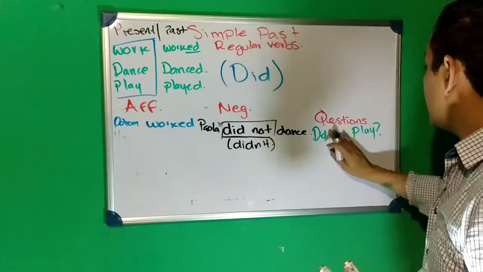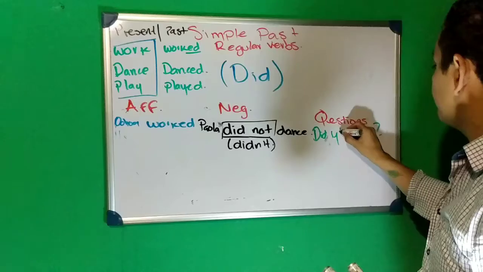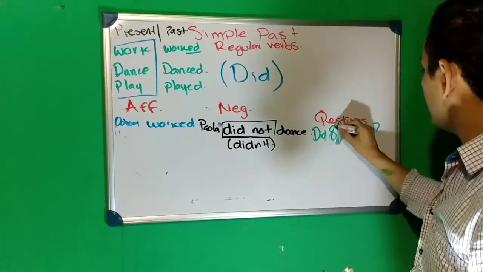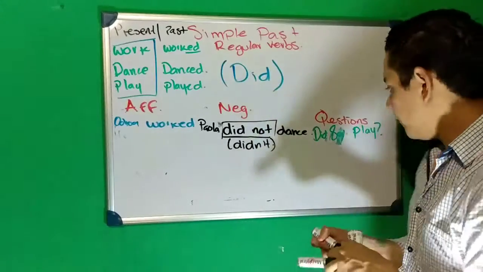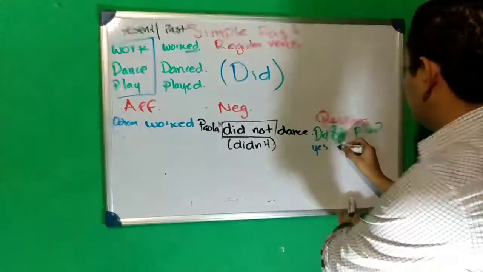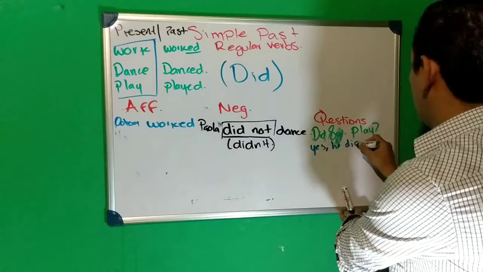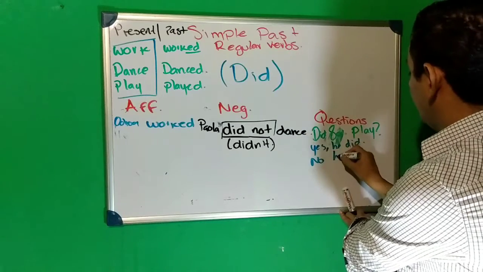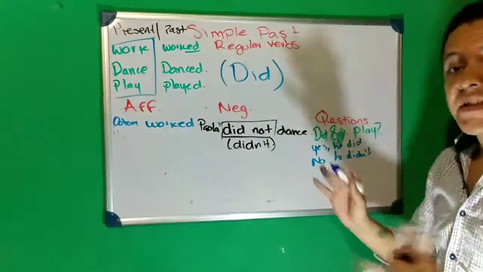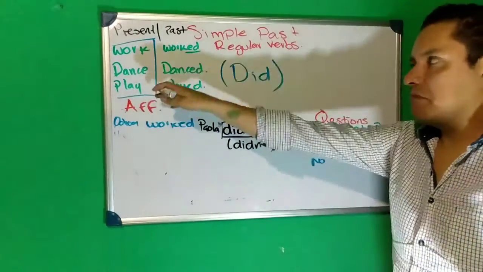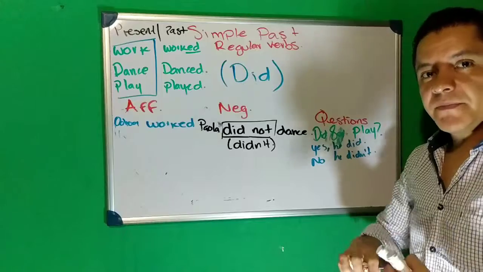It is going to be the same. Yes. Did Ochoa, okay. Did Ochoa play the piano? Yes, he did. Or no, he didn't. And that's it. Simple past with regular verbs.